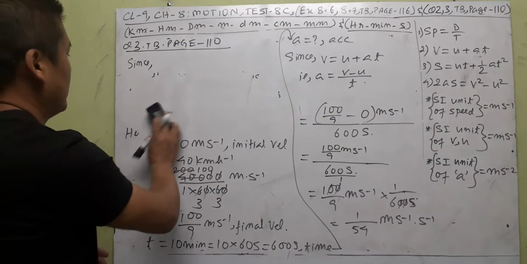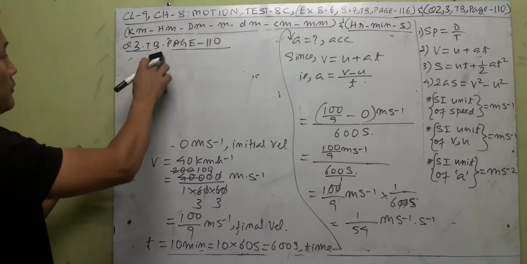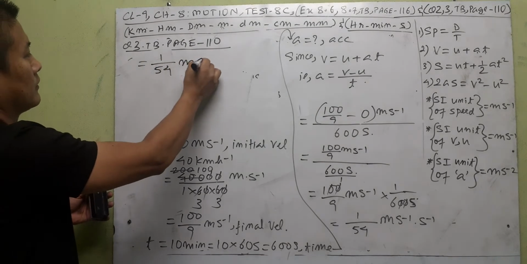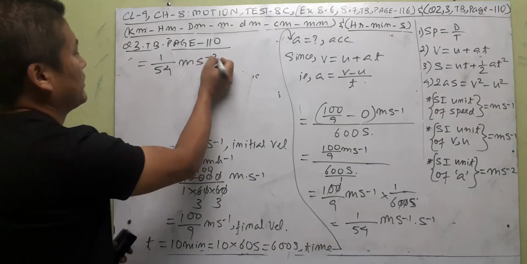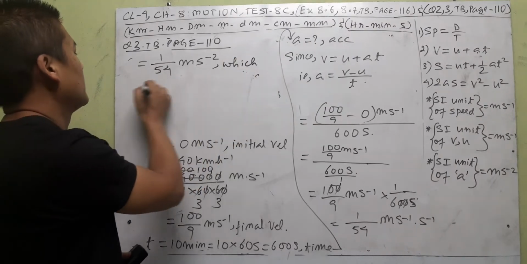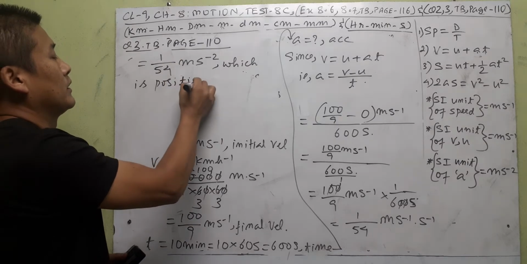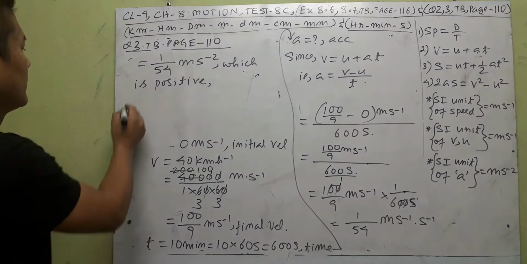So our answer is finally equal to, this time it's positive, 1 divided by 54 meter. Minus 1 power we always add, so minus 2, meter per second square. You can stop here also, that is accepted, but just to get the meaning out of it, let's write down which is positive.